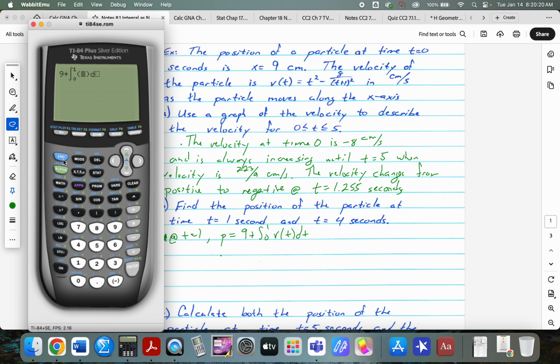And in your calculator, if you do alpha trace, it pops up all of those y values. So you can go, okay, just y1.